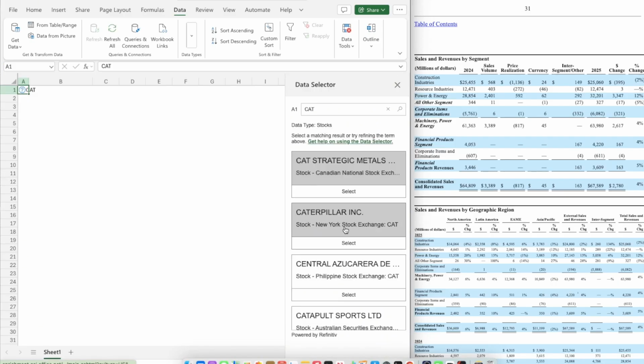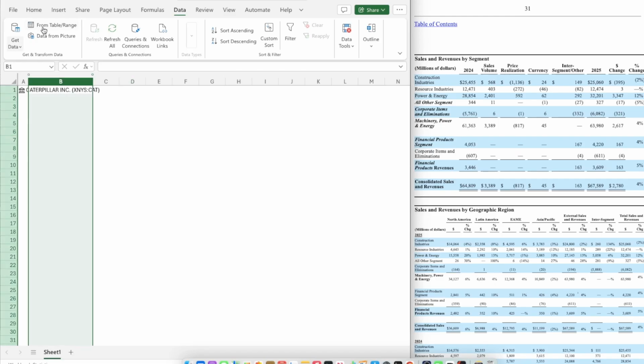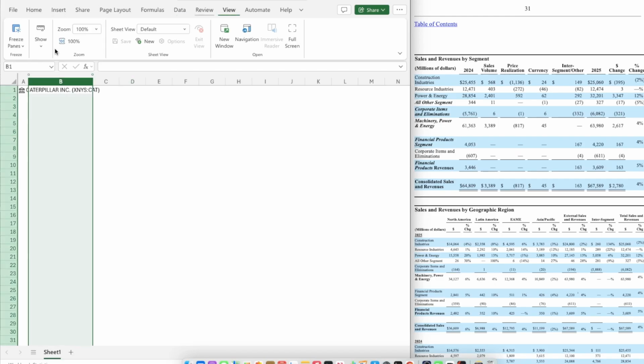We want this one, Caterpillar NYSE. Freeze the column. Yep, there we go. Perfect.